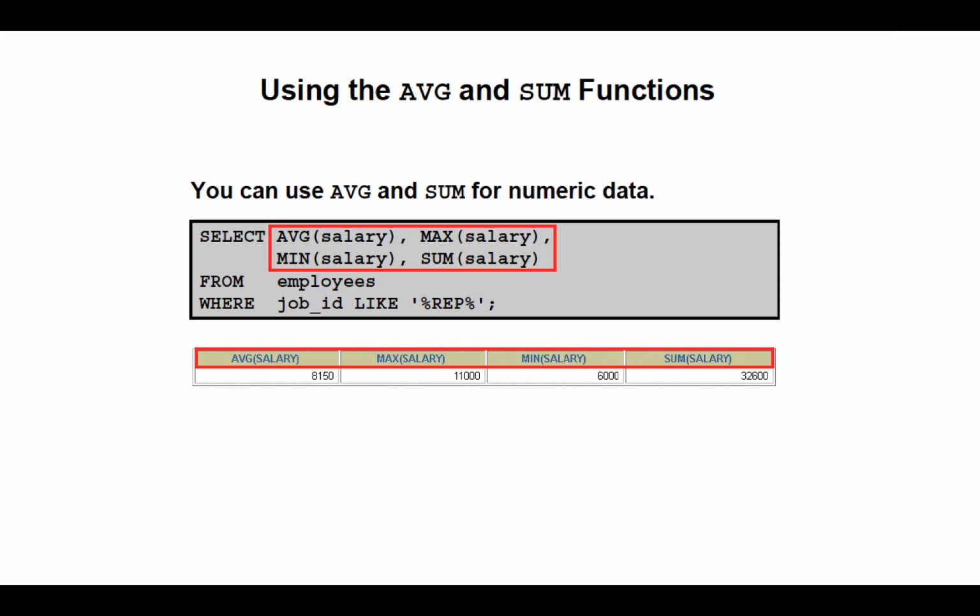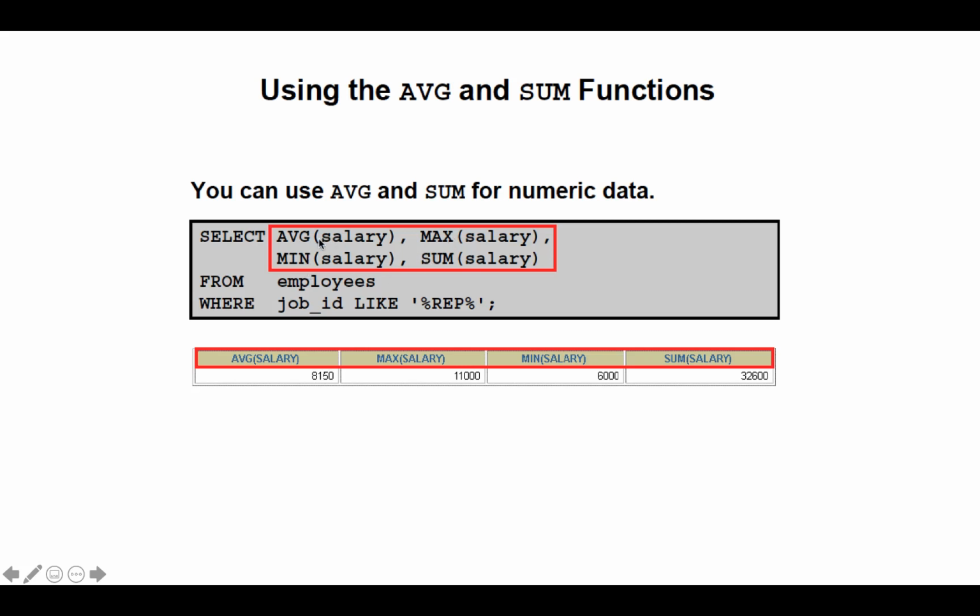An example of the average and the sum functions. You can use average on the salary, maximum also the salary, minimum, sum of salary, from employees where job ID is like rep. These functions are called aggregation functions, in that they will give me a single value.